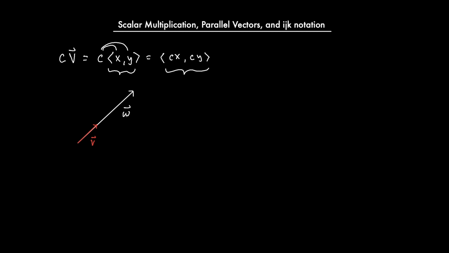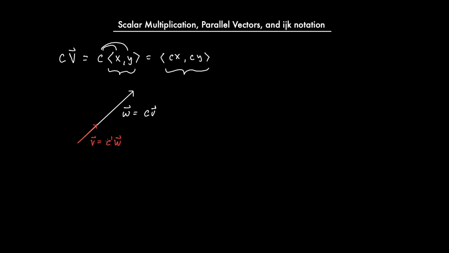Vector w is a scalar multiple of vector v because vector v and w are parallel to each other. So you can write vector w as a scalar multiple of vector v, or vector v as a scalar multiple of vector w. Let's do c prime.